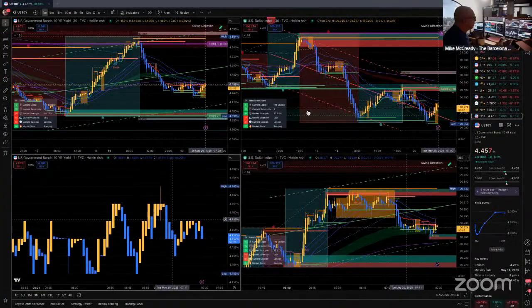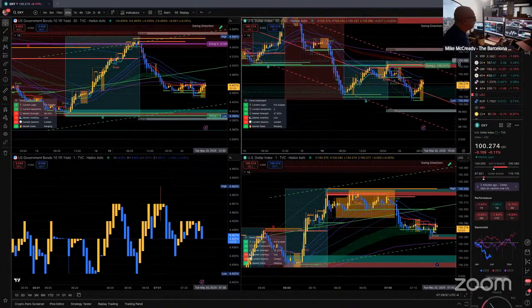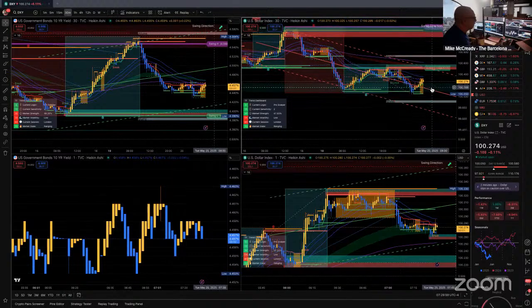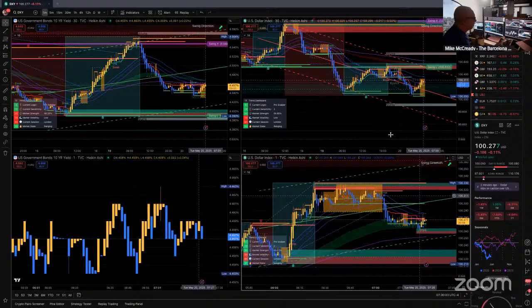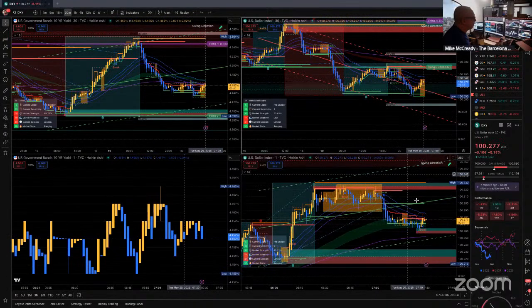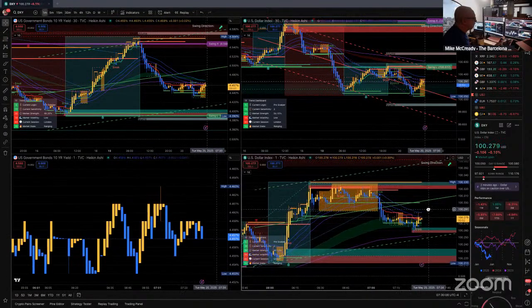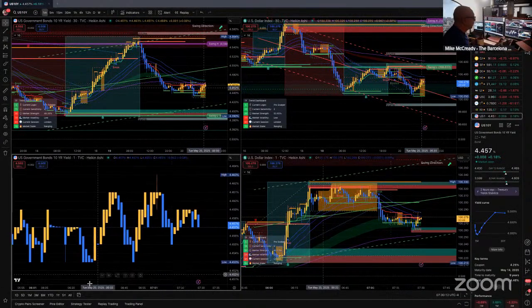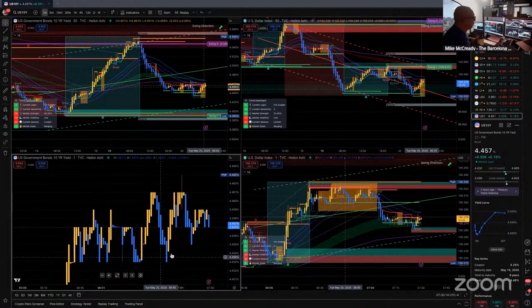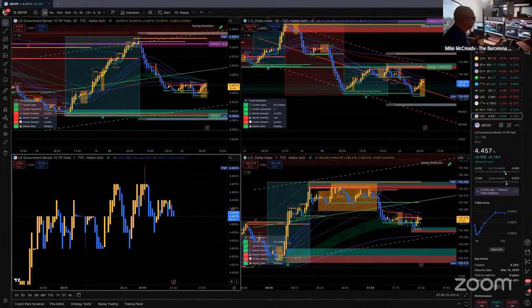Here we have the DXY, which is the dollar index against a basket of foreign currencies. This is the 30-minute chart on the DXY. This is the 1 minute chart on the DXY, so I can see it over two different time frames. This is the 10-year bond yield.